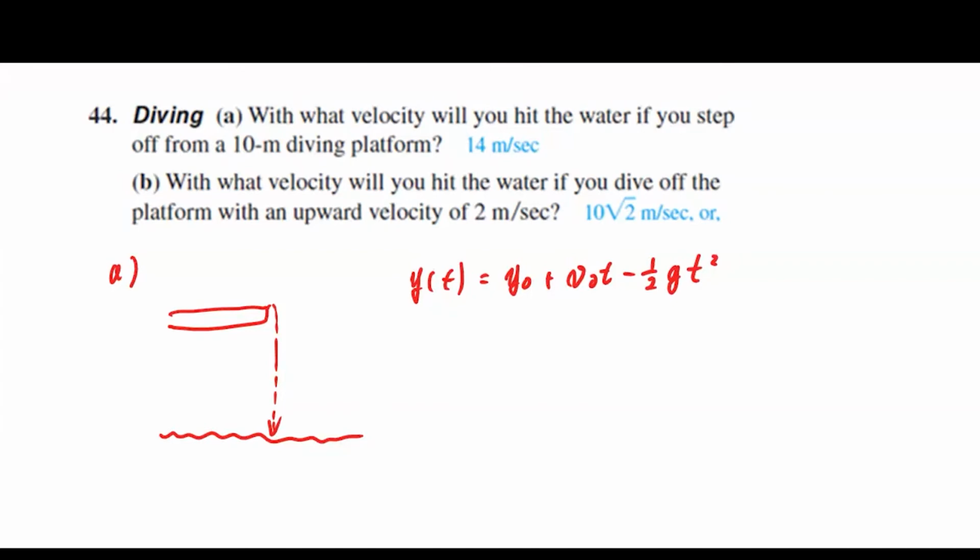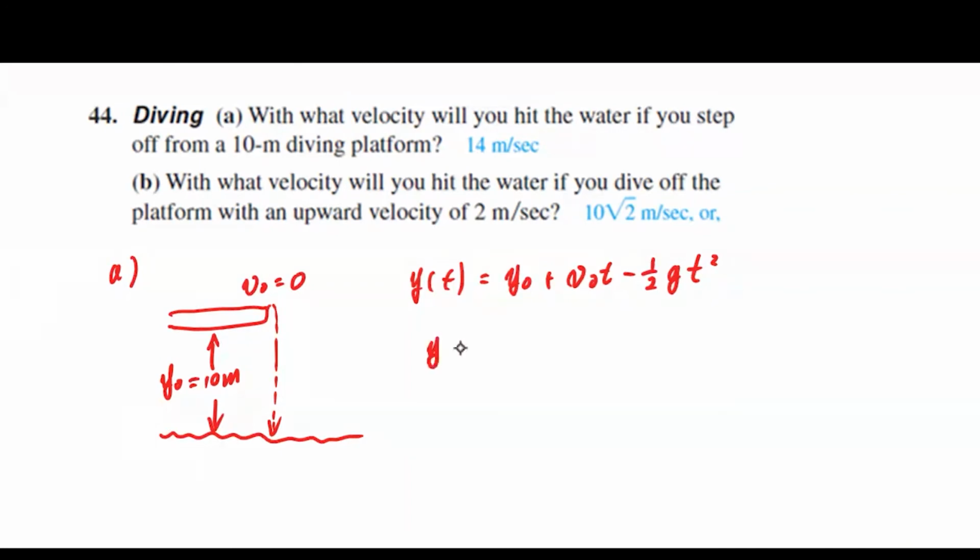Okay, let's just think about this. This is y naught, right? Which is equal to 10 meters, from here to here. And the initial velocity, she's just stepping off, so the initial velocity is equal to 0. So far, so good? So in our situation, our equation becomes this.